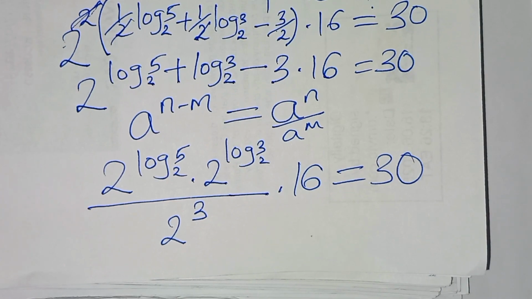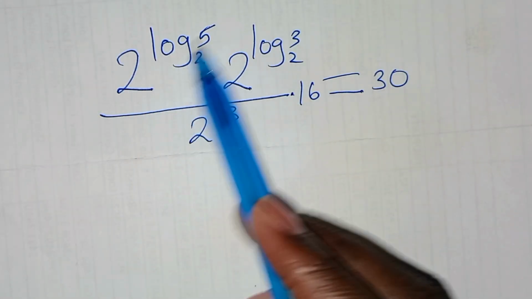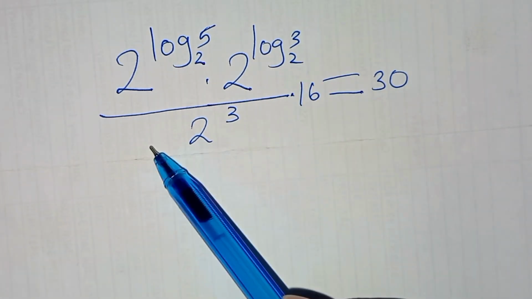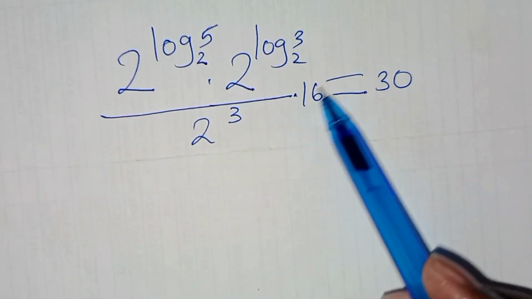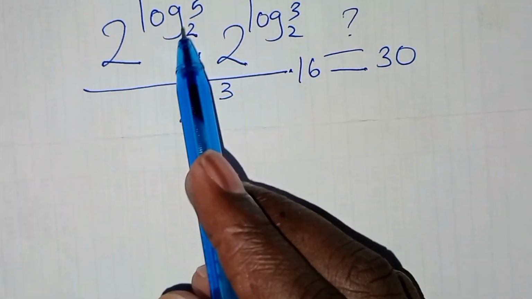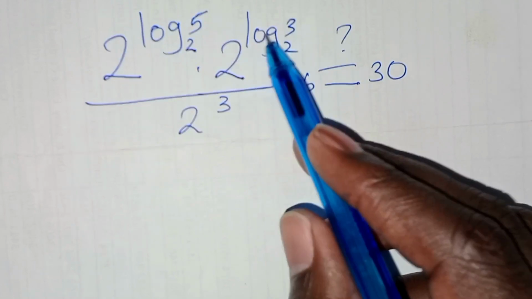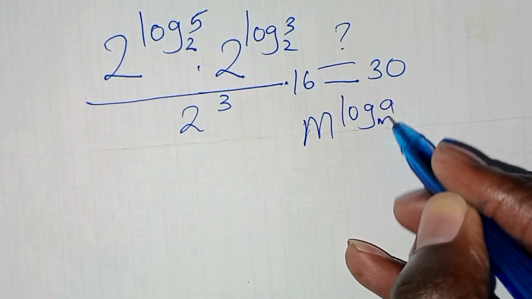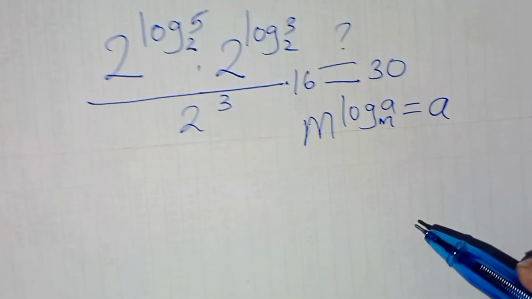So let's proceed from here. Now 2 to power log 5 to base 2 and 2 to power log 3 to base 2 are in the form of m to power log a to base m, and this gives us a value of a.